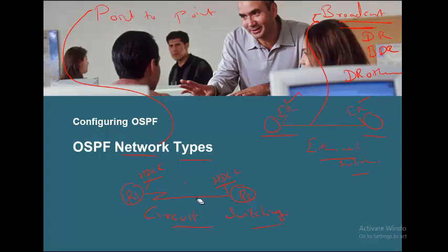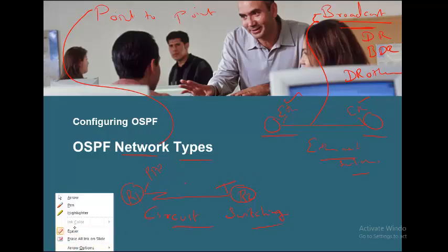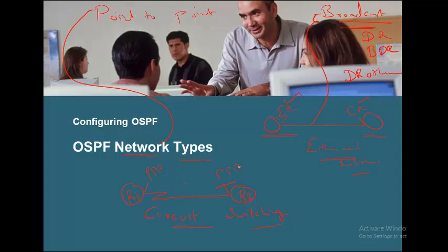Assume R1 is non-Cisco. It already has PPP, but the Cisco router will only have HDLC, so you go and change it to PPP. I'll show you how to do this in the lab. Now, this too you are very familiar with. Let's go to the other 5 types.